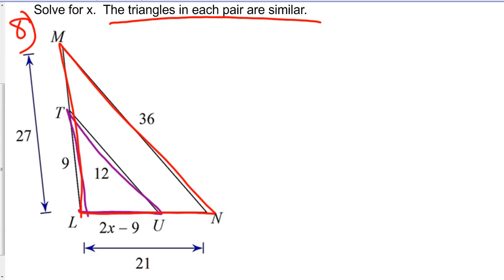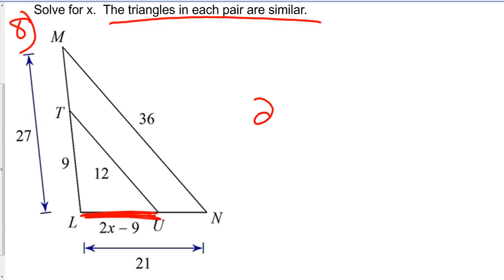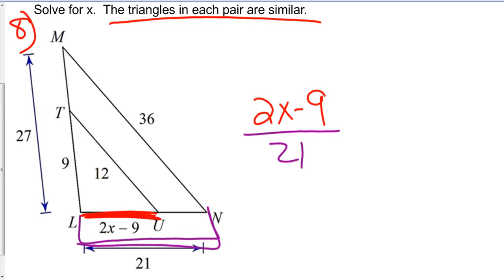If we take a look, we've got quite a bit of information. We've got bottom sides and plain old sides. We can take LU, that 2x minus 9, the shorter side, over the longer side LN, which is 21.